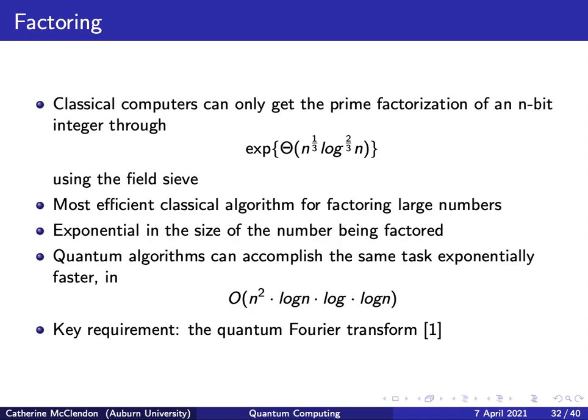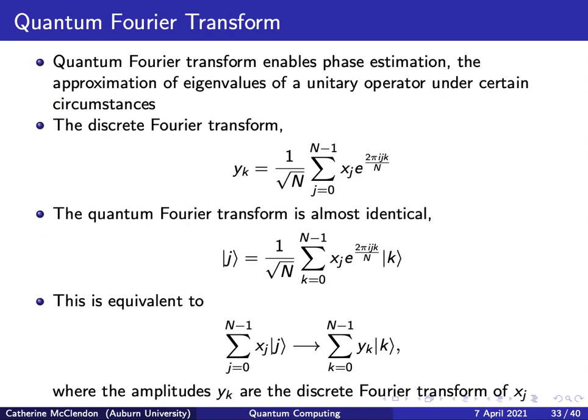The key requirement for this quantum factoring and other quantum algorithms is also the quantum Fourier transform, which enables something called phase estimation, which is the approximation of eigenvalues of a unitary operator under certain circumstances. So we have the discrete Fourier transform here on the screen, y_k, and then I have the quantum Fourier transform below.